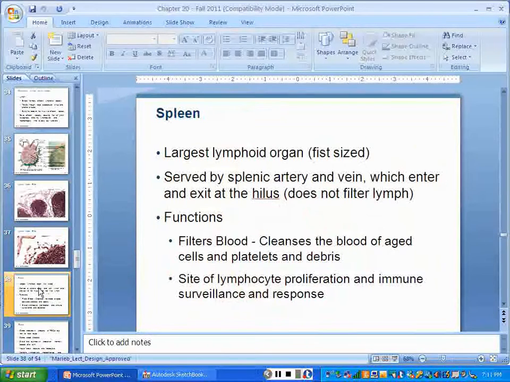Spleen. Okay, the spleen is different from the lymph node because the spleen does not filter lymph. Its job is to filter blood. So the spleen has blood going in and blood going out. It has arteries leading into it, a splenic artery and a splenic vein leading out of it.